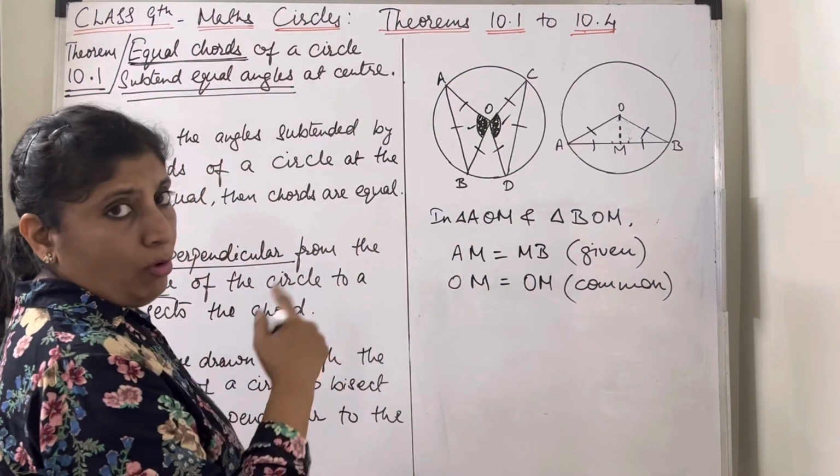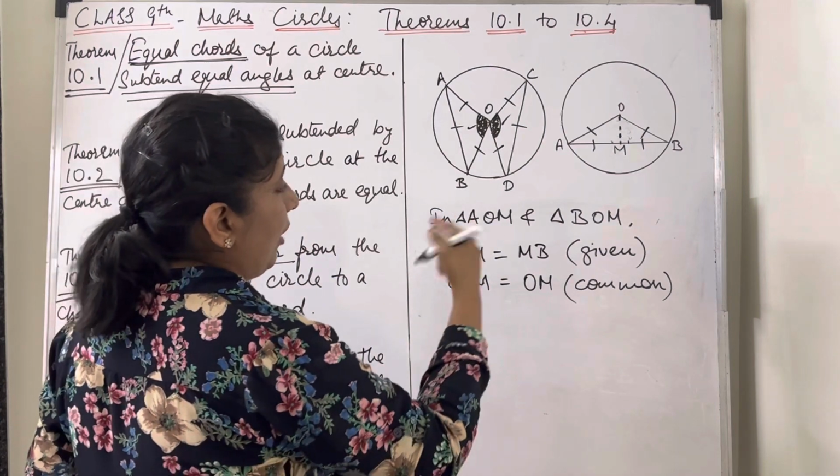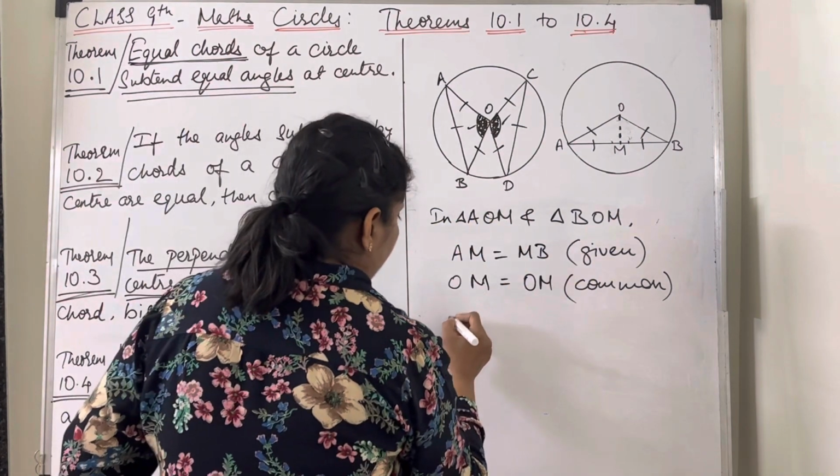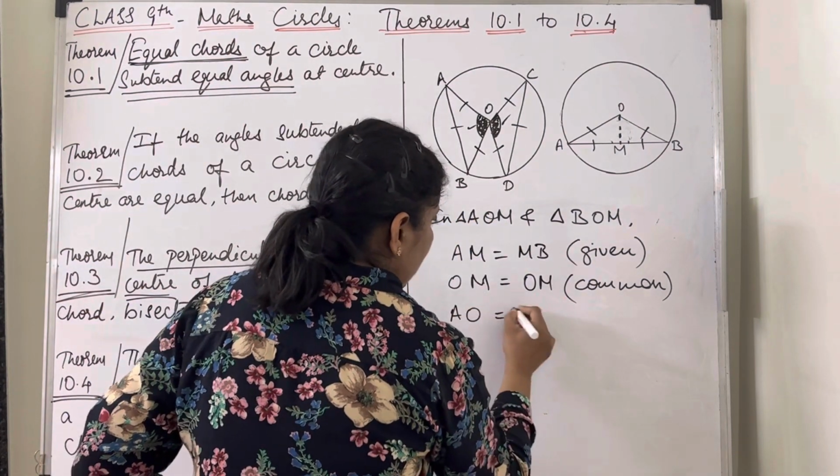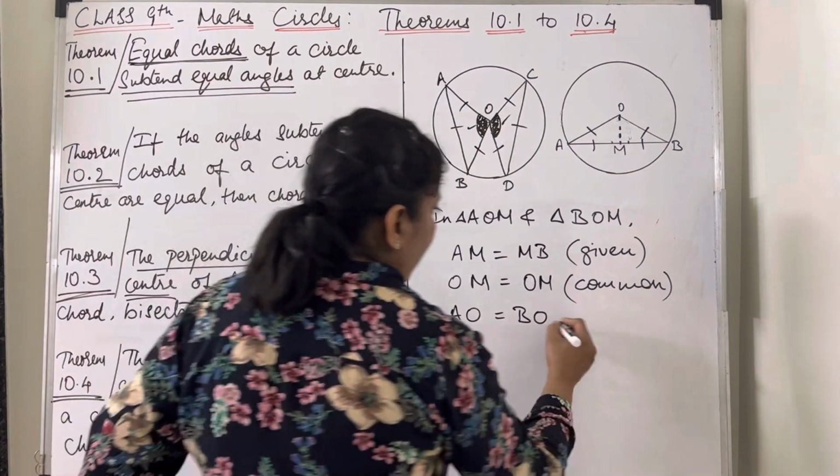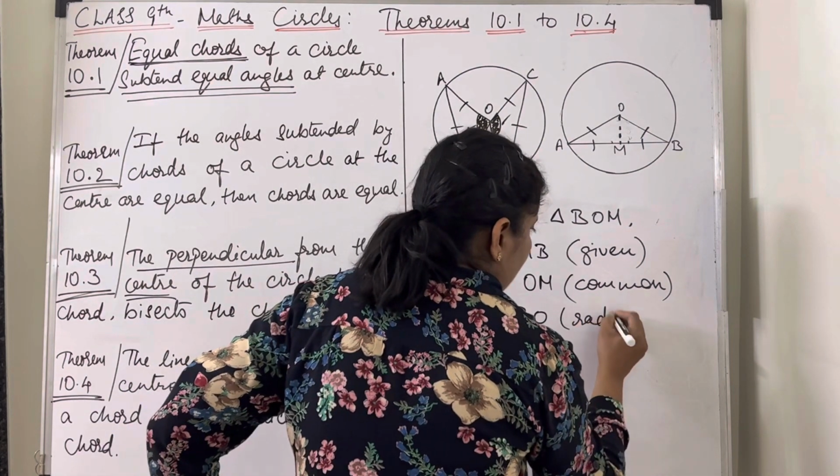Now AO is equal to BO because they are radii of the same circle.